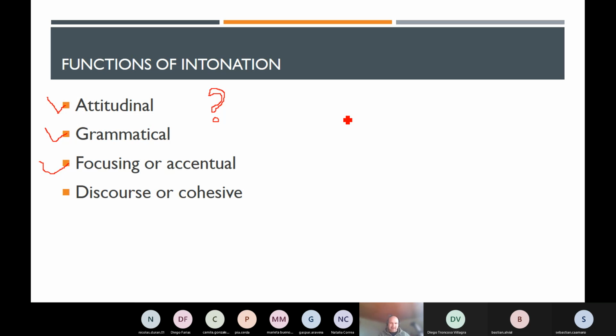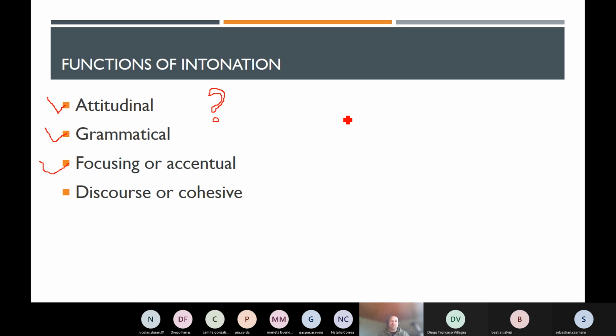So in this example, I'm accentuating or making the focus of the sentence, the nucleus of the sentence, the preposition. A preposition, which is usually a function word, a word that is not important, that's only used to give cohesion to whatever I'm saying, because the most important elements are the content words.